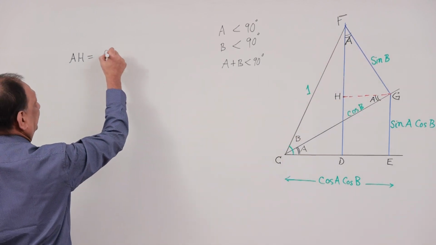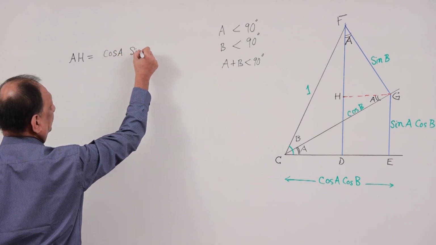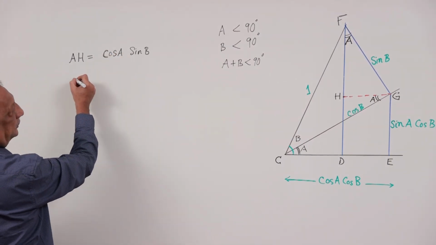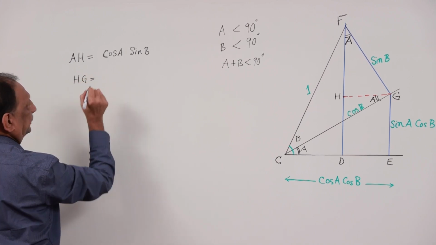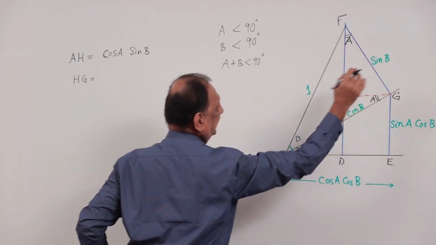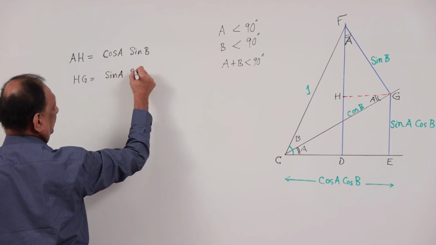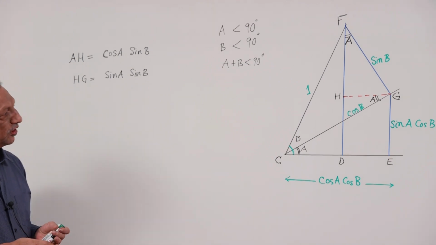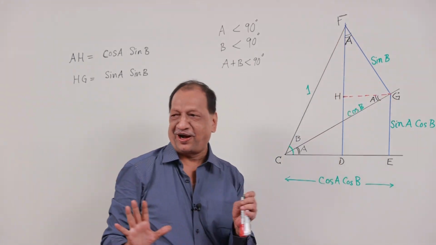So, it is cos A sin B. HG is opposite side of this A, hypotenuse is sin B, so it will be sin A sin B. Correct?